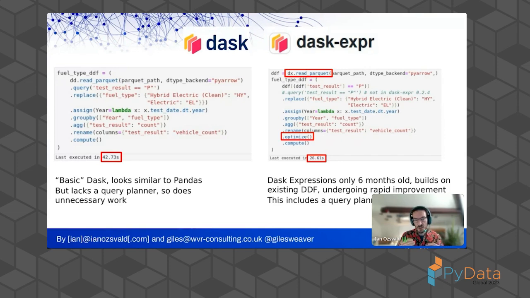Things can be squashed together, potentially repeated computation operations can be removed from that graph, and then some of the operations can be pushed up to the Parquet layer rather than being handled in the Dask layer afterwards. By just using Dask Expressions and modifying our query slightly, adding optimize into our call, we go from 42 seconds down to 26, and this scales up to larger data sets. This thing's only 6 months old.